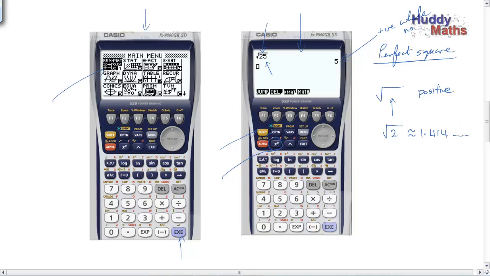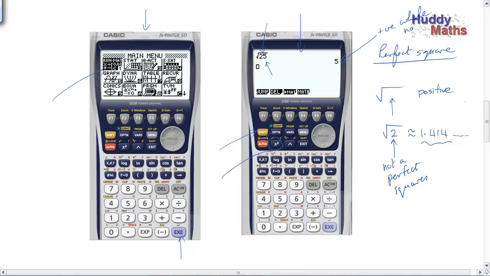So for numbers that aren't a perfect square, you'll get a decimal approximation from the calculator to what the approximate number is that when squared gives 2. There's no exact number squared that gives 2 that you can write as a decimal. We'll come across that later on. It's called an irrational number.